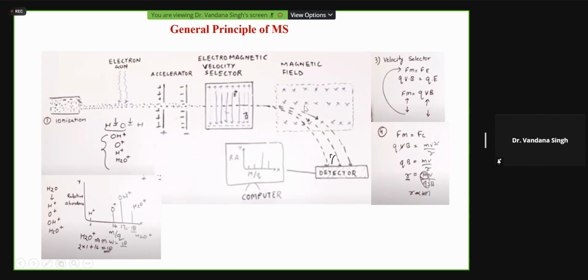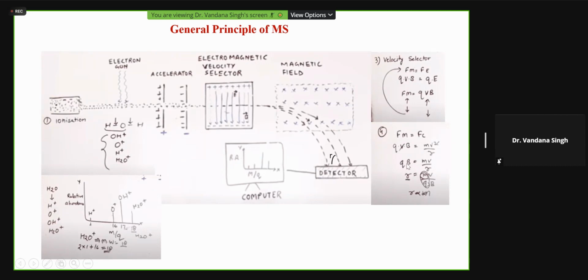And the system is such that the magnetic force that this system generates and the centripetal force that is applied are equal in nature. So applying the general physics formula, if q is the charge, v is the velocity, and B is the magnetic field strength, and as we know, the centripetal force is equal to mv squared by r, where r is the radius, v is the velocity, and m is the mass.